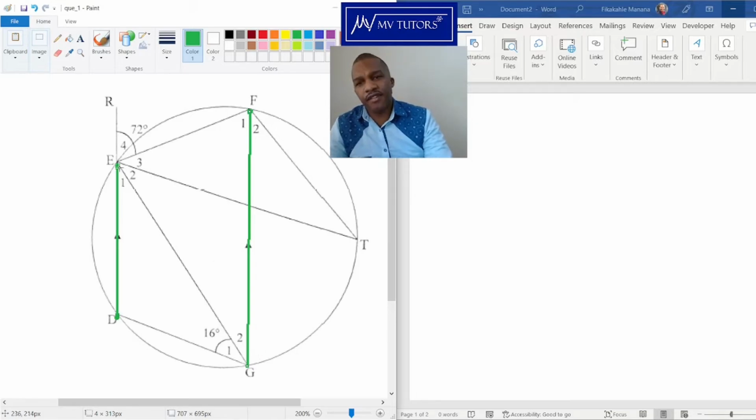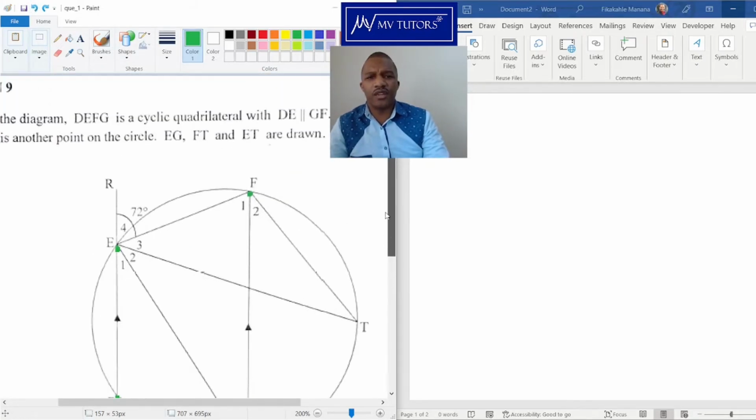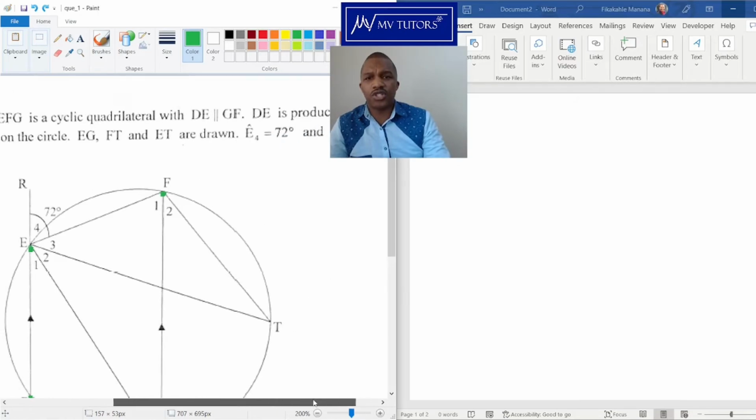If you take this line, we've got alternating angles right there. But if you take this one here, then we've got the interior opposite angle, which are corresponding angles. There's basically a number of laws associated with parallel lines that we can use in this particular question. Those are just clues we're getting from the question itself.